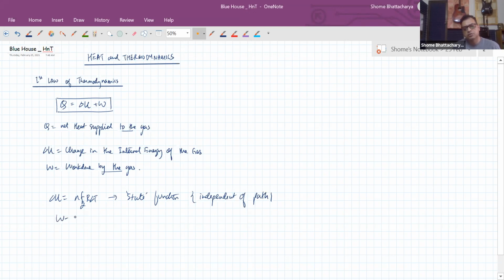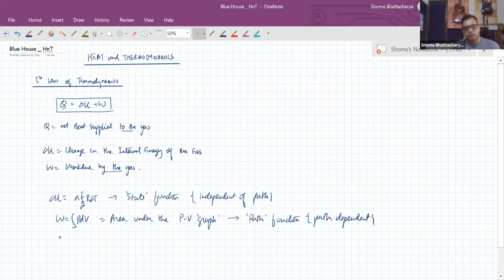But W, which is integration of PdV, or that is the area under the pressure volume graph, it is what we call a path function, or it is path dependent.